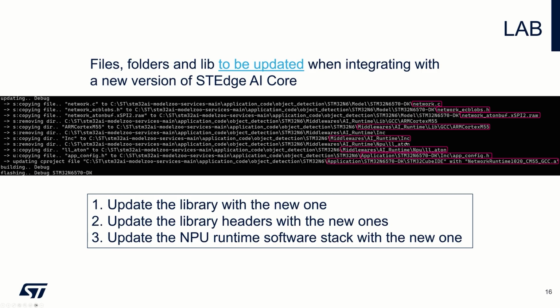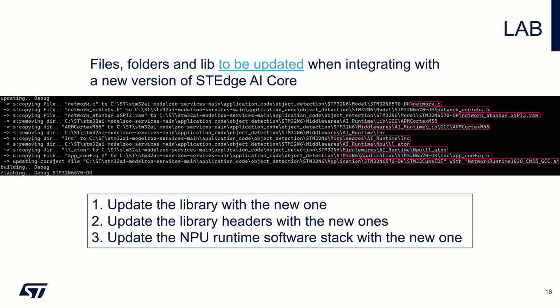Then we need to update header files, API files for the software runtime library. Then we need to update the runtime library for the neural processing unit. We need to update the configuration file for the application and the software runtime library itself, so the .a file.